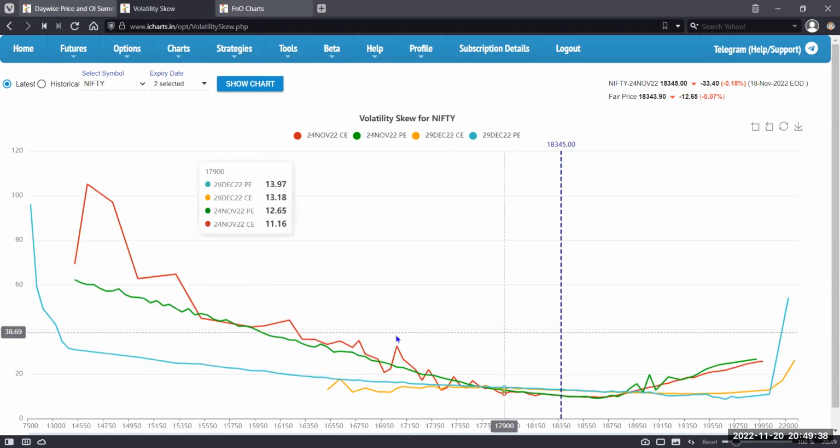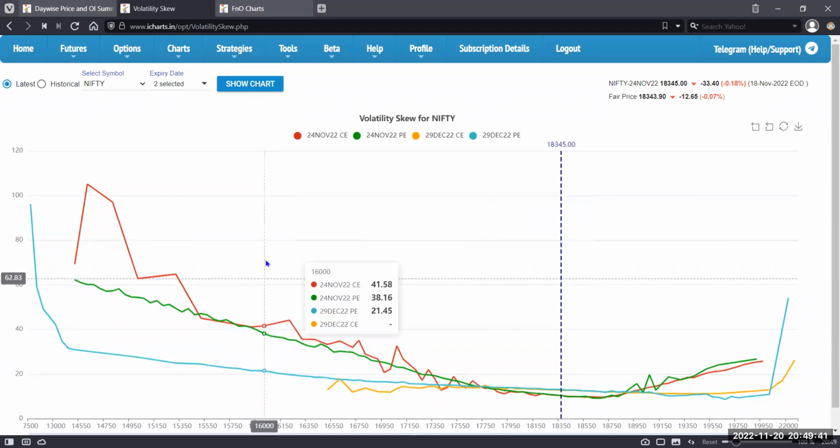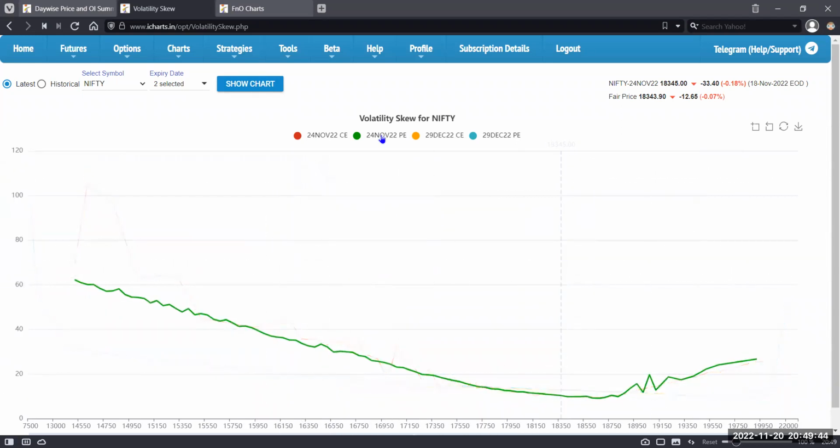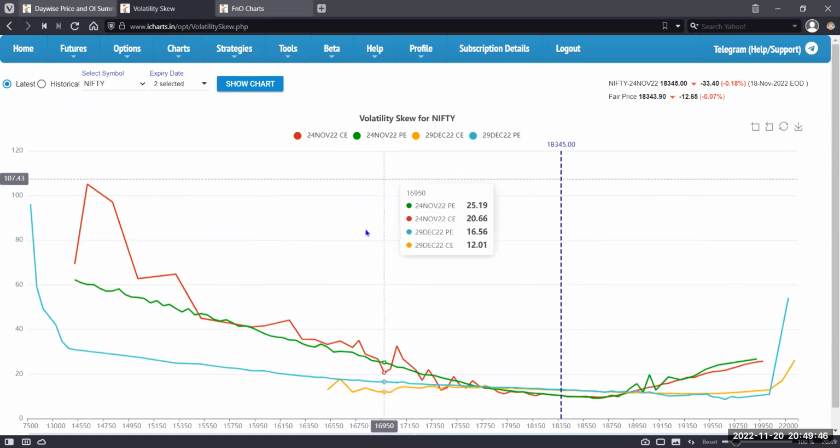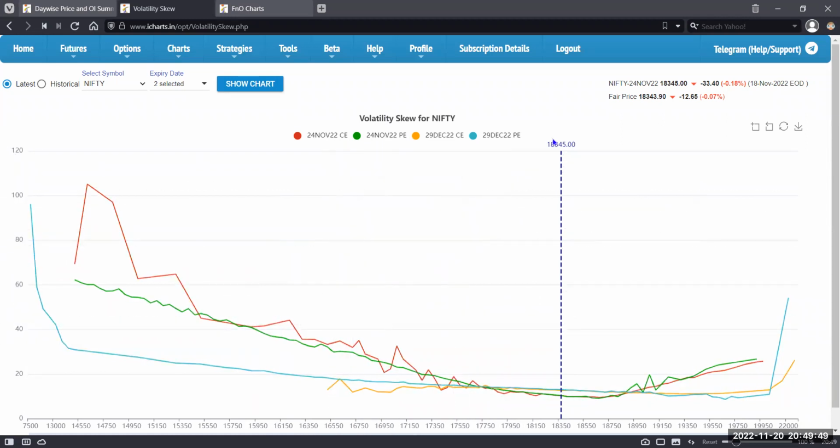But we'll definitely add that chart, and those data tables, and clearly give you those numbers: what the extremes have been over the last few months, and where we are currently placed, how the IV skew is placed. Once you have those numbers, you'll get a good idea, and then better strategies can be formed. We'll try and do that soon. We're already working on it, so hopefully we'll be able to add it in the next couple of weeks.